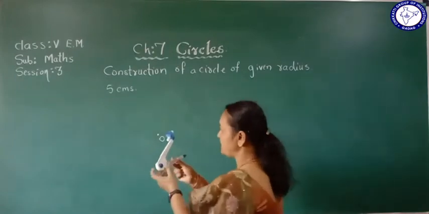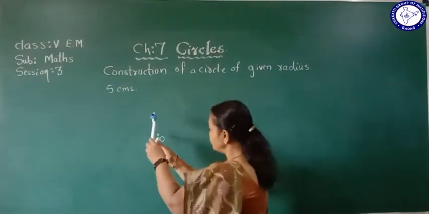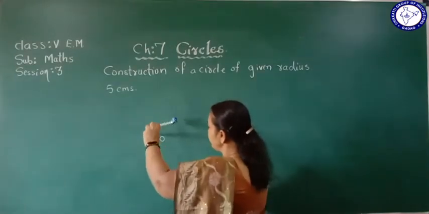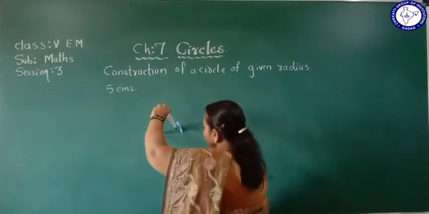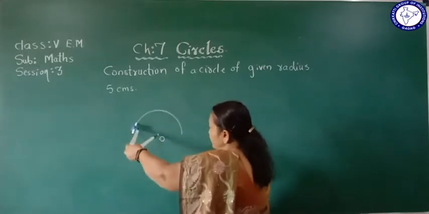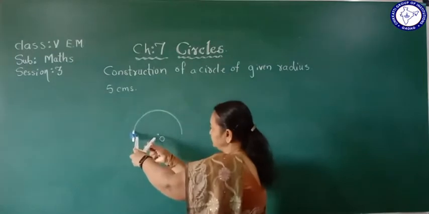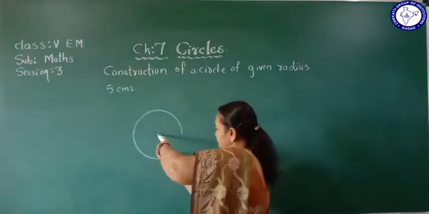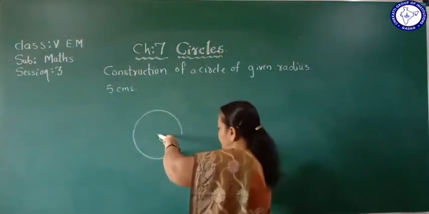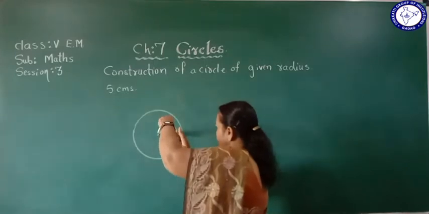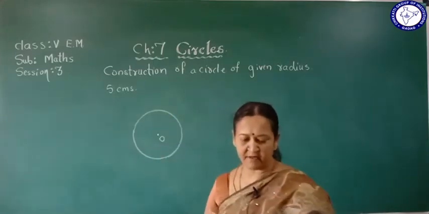Then keep your compass on this center and in one sweep draw the circle of 5 centimeters.